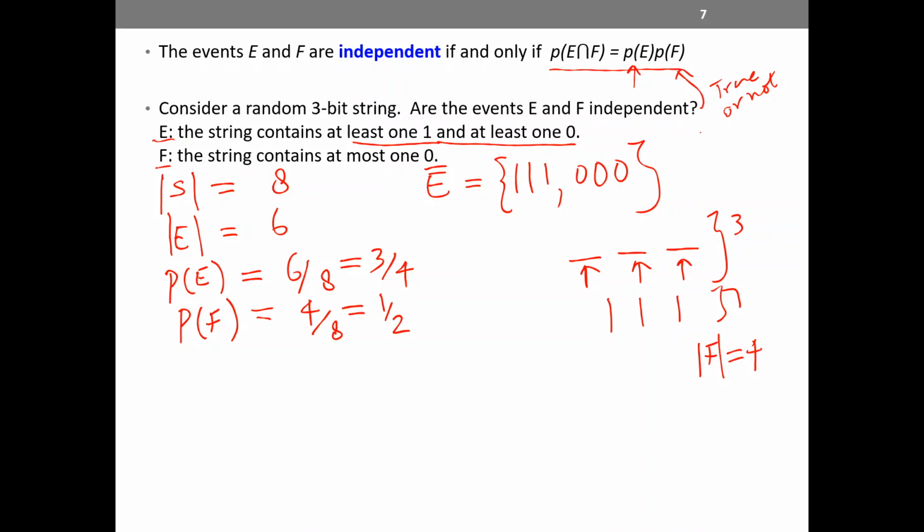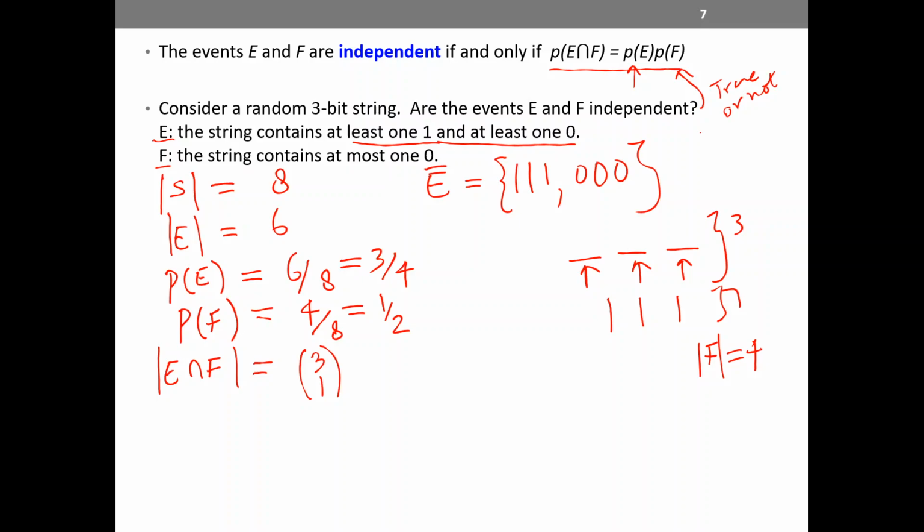Okay. Now, what is E and F? Because I also need to determine the probability of E and F. To find the cardinality of E and F, I need to find strings that have at least 1 one and at most 1 zero. That's the overlap. And the cardinality of those strings is going to be how many? 3 choose 1.